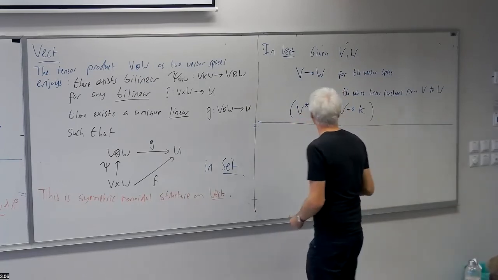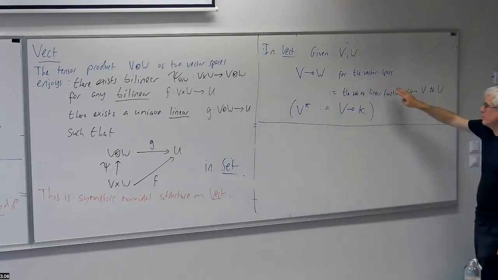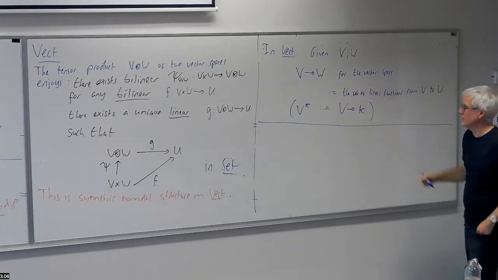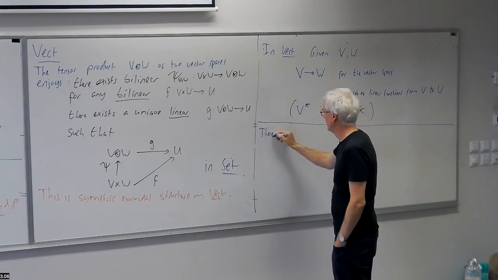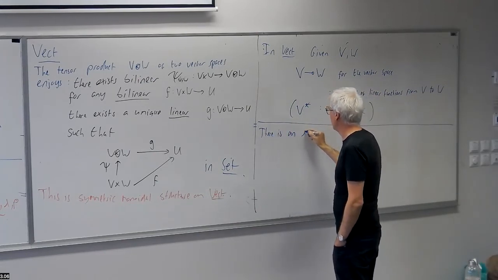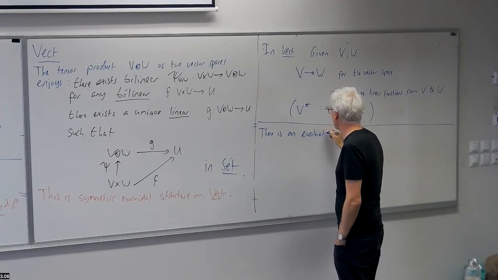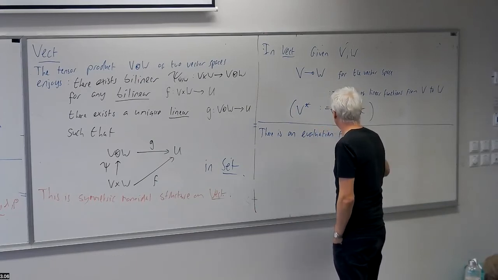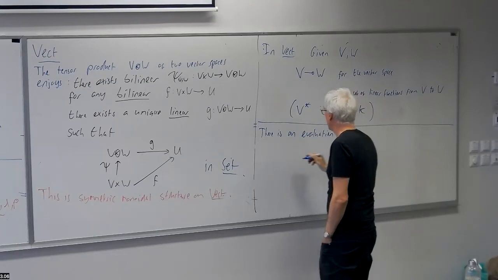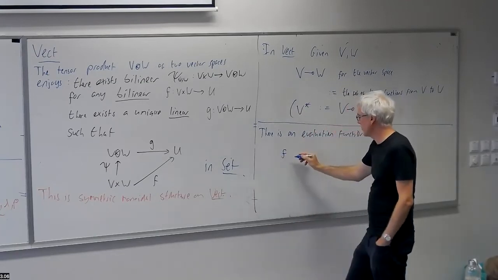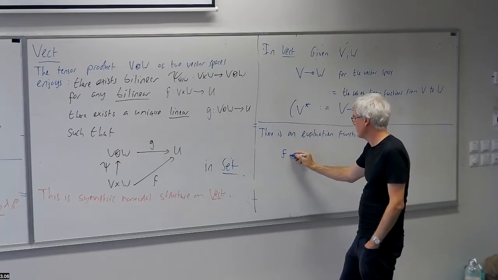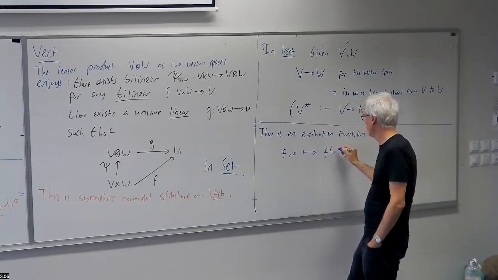So one thing we have associated with a function space is an obvious function, the evaluation function, as we'll call it, which takes a linear function f and a vector v onto the application of f to v.